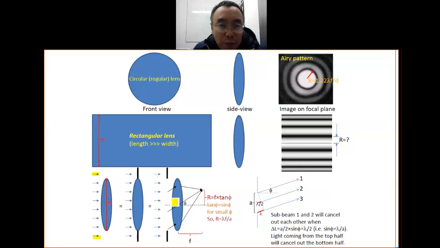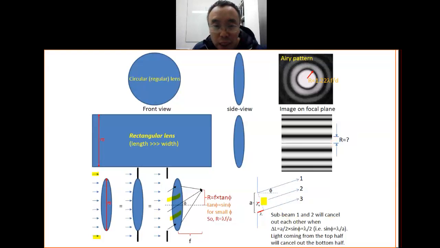All the parallel light will be focused to one spot. We want to know this phi angle, at what phi angle the light intensity at this spot will be zero.